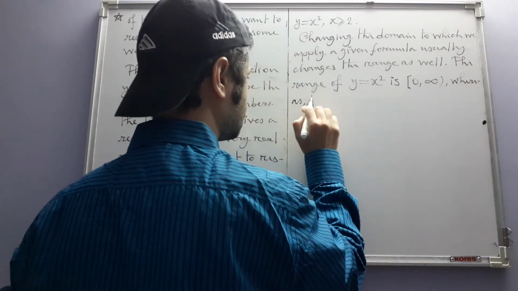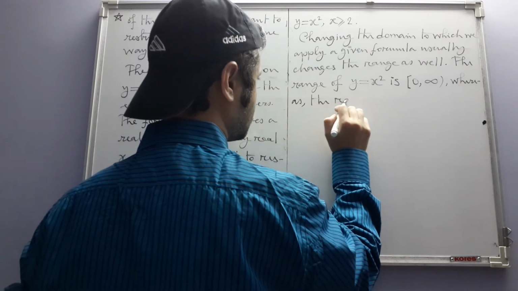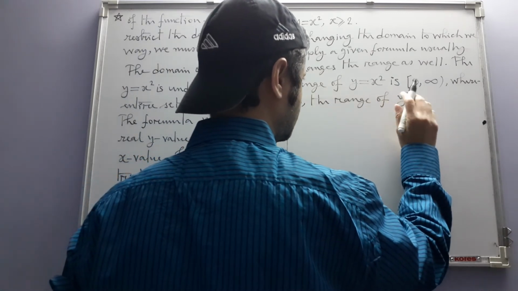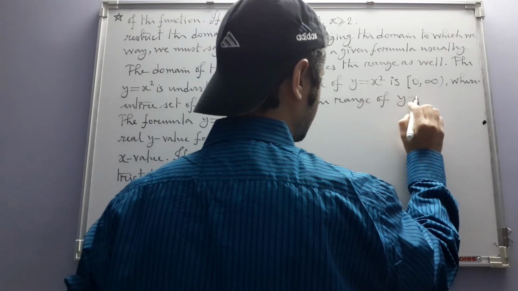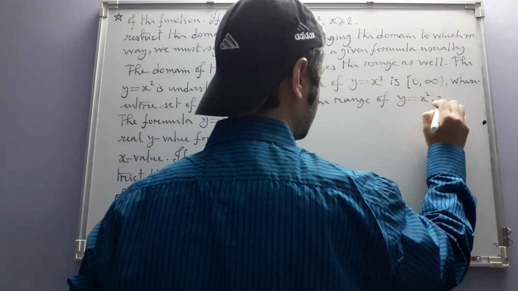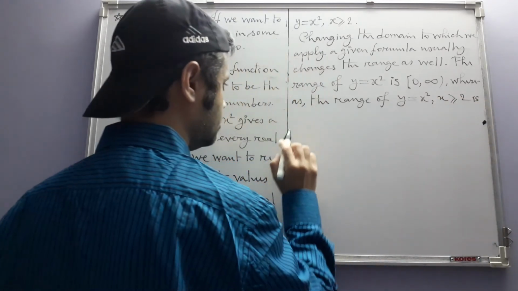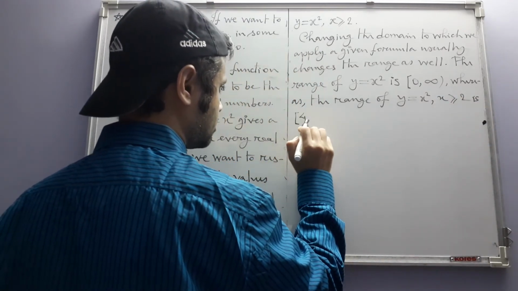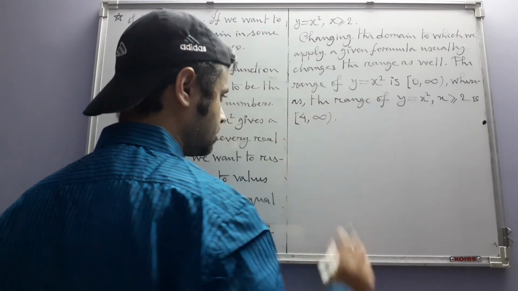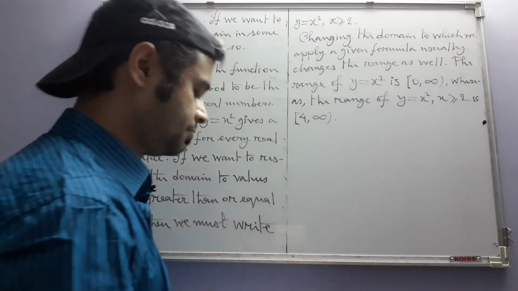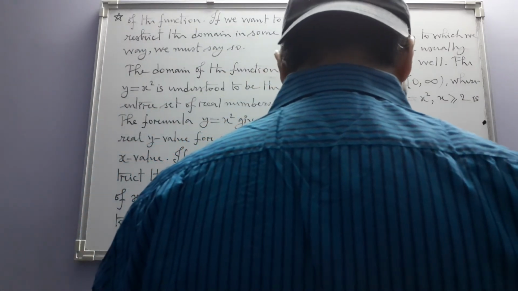Whereas the range of this function y equal to x square, where x is greater than or equal to 2, is the set of all real numbers greater than or equal to 4. So that is different.